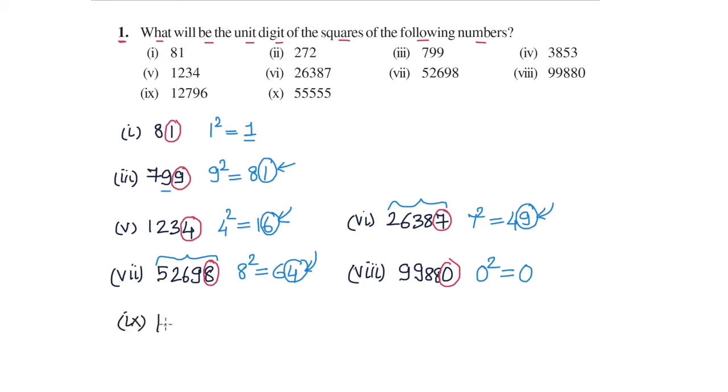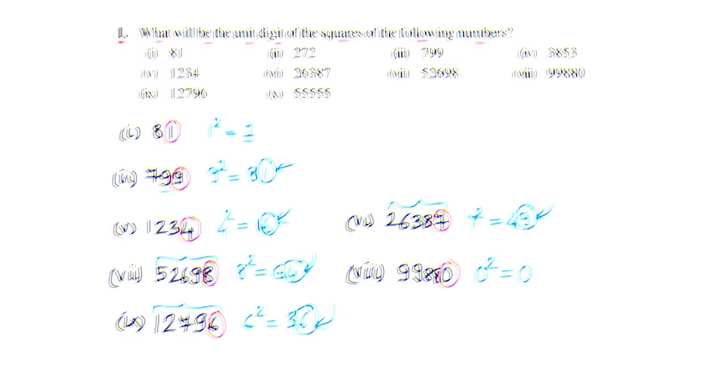Now moving to the ninth part. In the ninth part we have 12796 as our number. As you can see, 6 is our unit digit. So the square of 6 will be 36, and hence the unit digit of the square of this number will be 6. In this way we will do this question, and I hope you have understood.